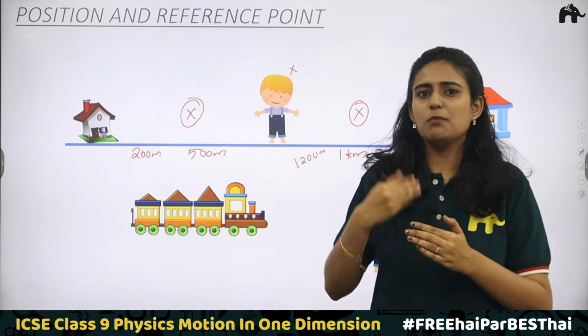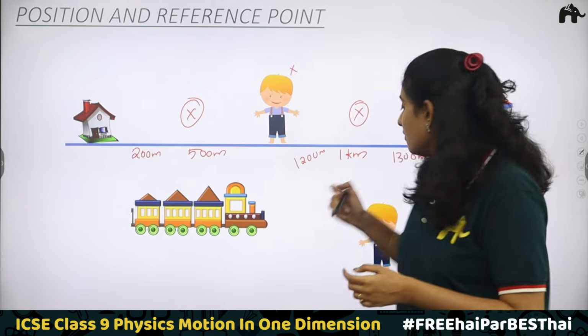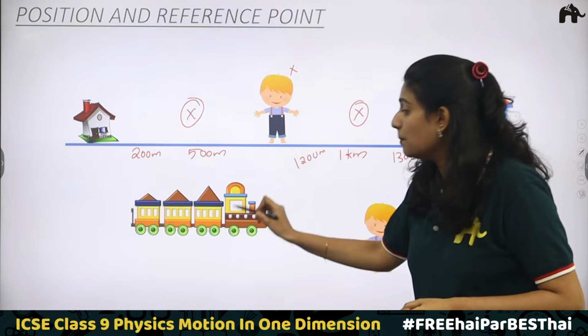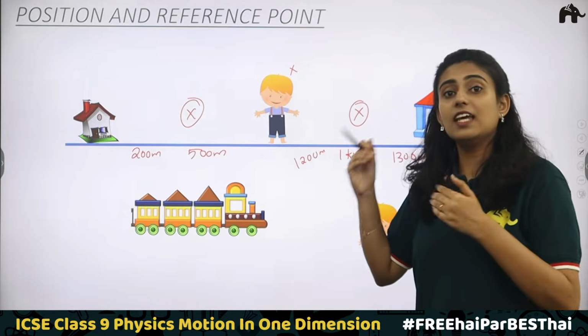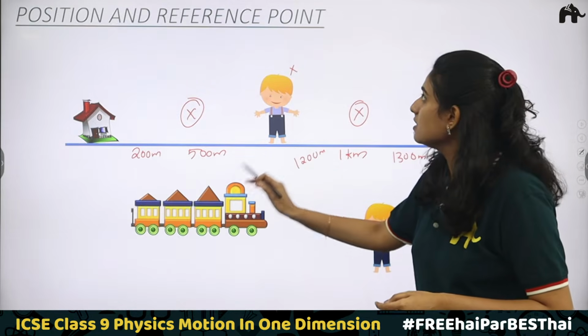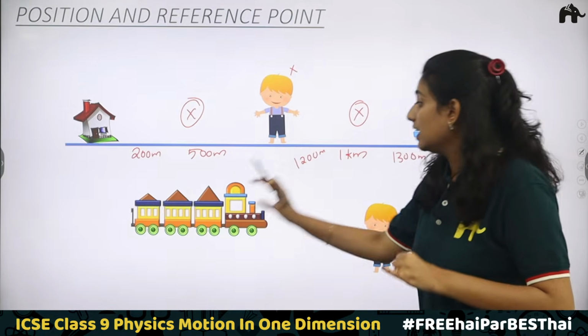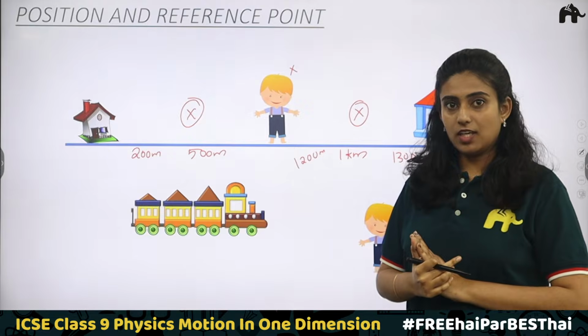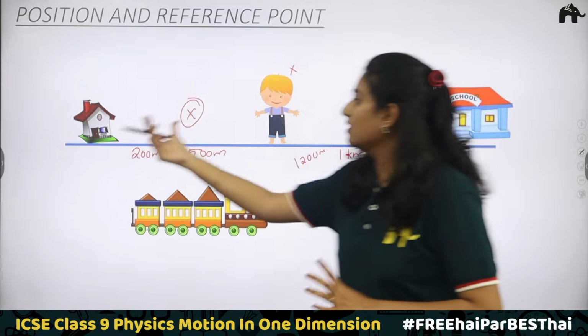Does he feel that the boy is moving? No, right? With respect to him, the boy inside the train is moving. With respect to the person who is sitting inside the train, the boy is not moving. So here everything depends on some reference point. Clear? So, here we have the reference body.